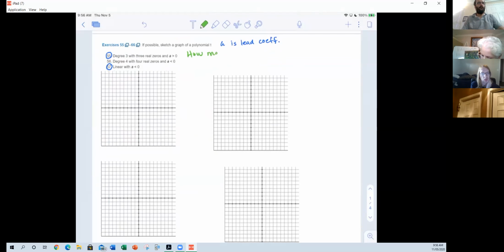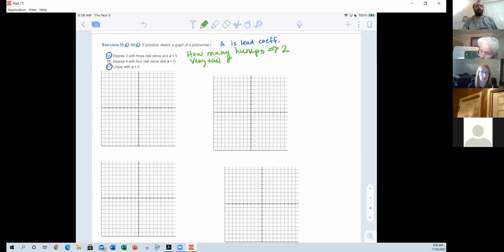How many? 2. How many? 2, right. And then if A is positive, what does that mean about the very end of the graph? It goes up. Yep.